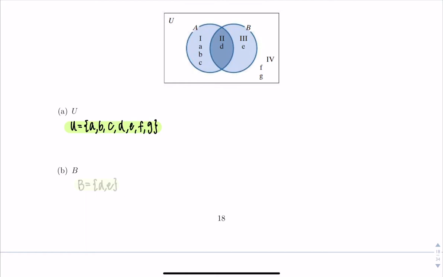Now what is in set B? That is everything that's in region 2 and 3. That overlapping is still a part of the original set, so you don't want to forget it. So B would actually be D and E.